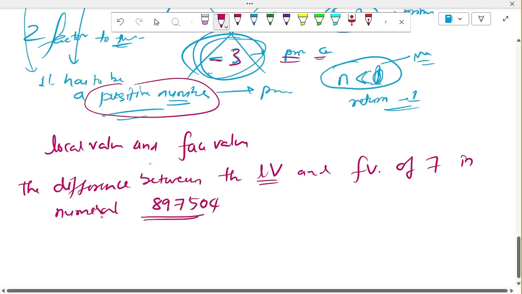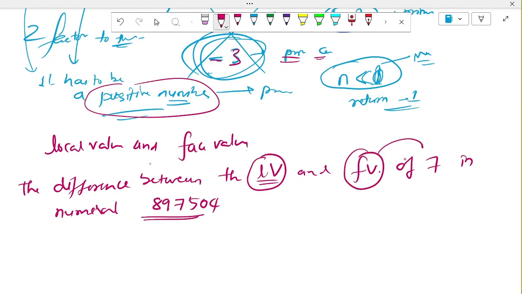This is a number, numeral is number. In this you need to find what is local value and face value of 7. And you should know what is the difference between local value and face value. Local value is nothing but the value that you can actually see without the number.